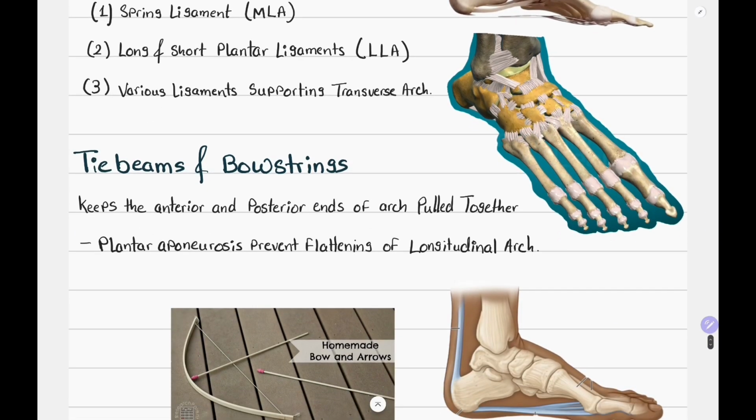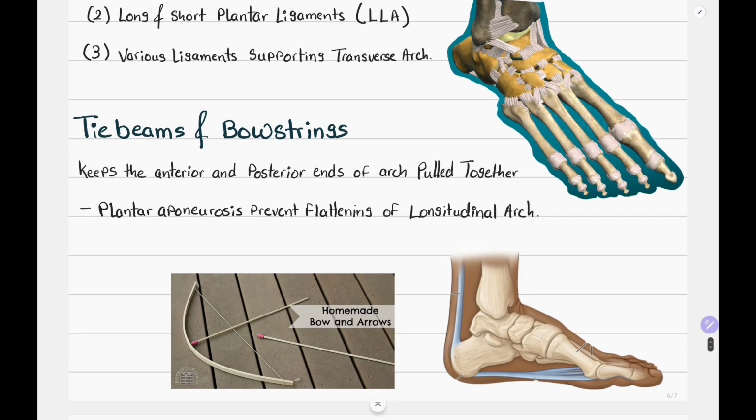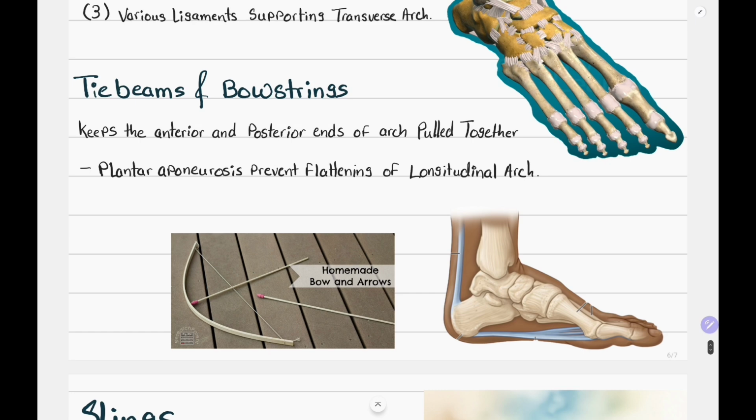Now tie beams and bowstrings. As the name suggests, bowstrings. This is the bowstring. The bowstring keeps the anterior and posterior end of the arch pulled together. So with the help of this bow, I'll make you understand how they work.